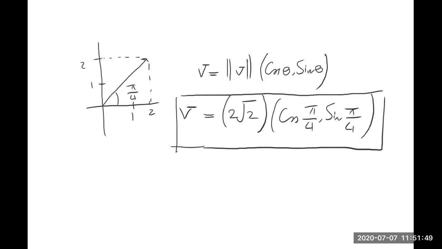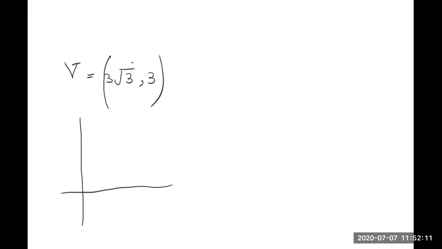So let's solve another example to make sure we understand what we are doing. Let's say we have a vector v. This time, the coordinates are 3 radical 3 and 3. So if I look at this vector, radical 3 is almost 1.7, so 3 radical 3 is almost 5.1.